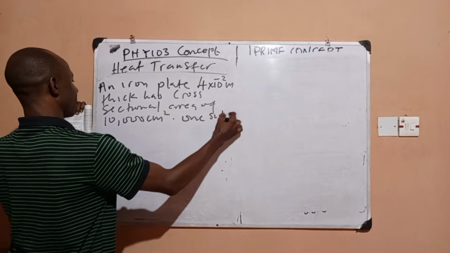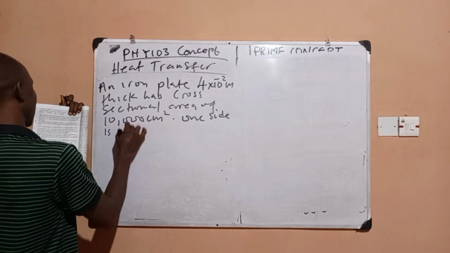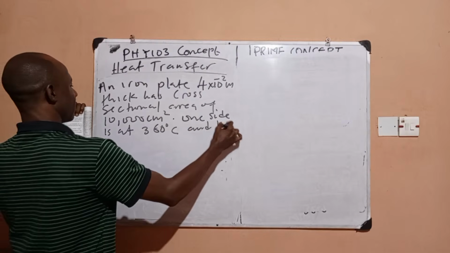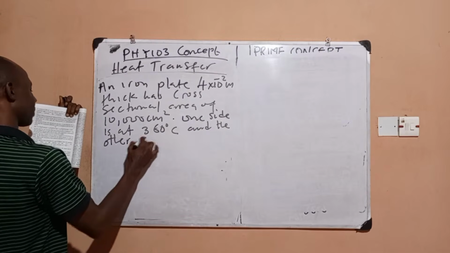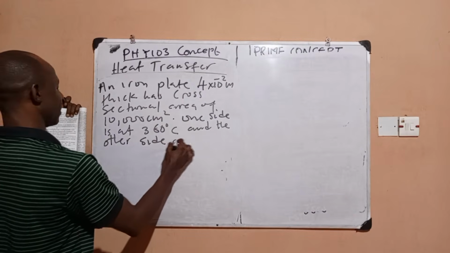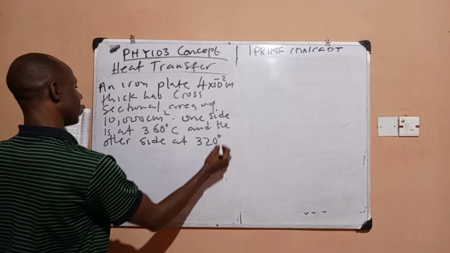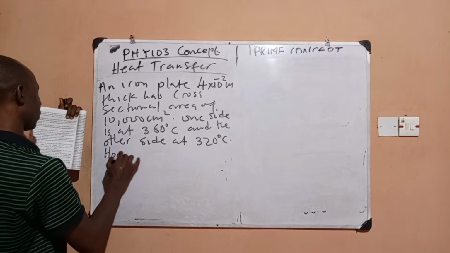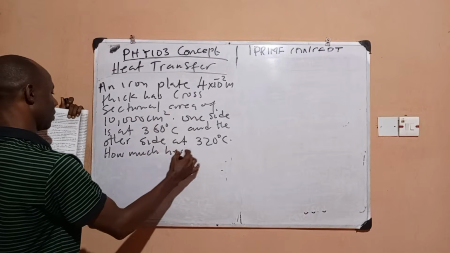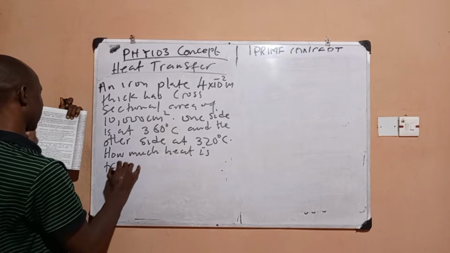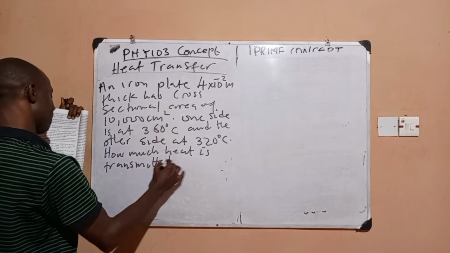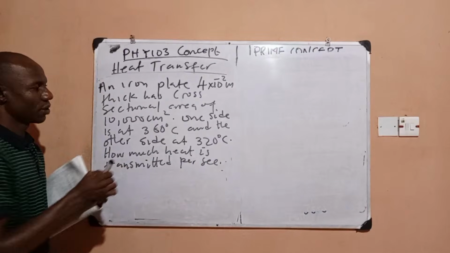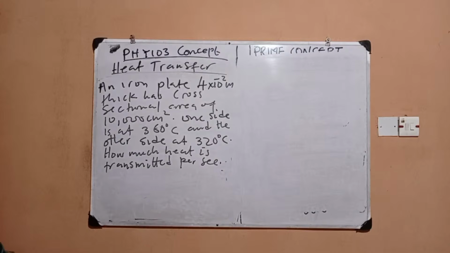One side is at 360 degrees Celsius and the other side at 320 degrees Celsius. How much heat is transmitted per second?